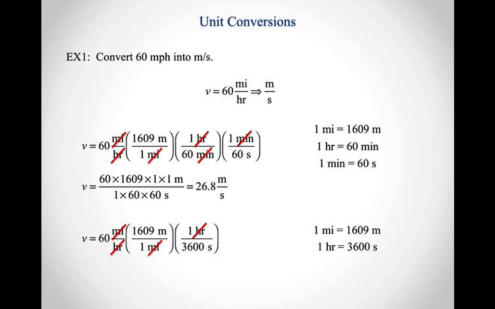I just need to make sure that the right numbers go with the right units when I plug them into those fractions. So I've got 60 times 1609 times 1, which gives me the meters on top, divided by 1 times 3600 with the seconds on bottom. And that gives me exactly the same final answer of 26.8 meters per second.